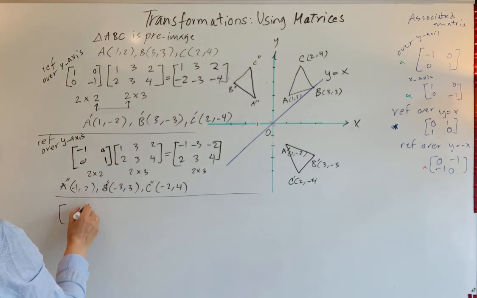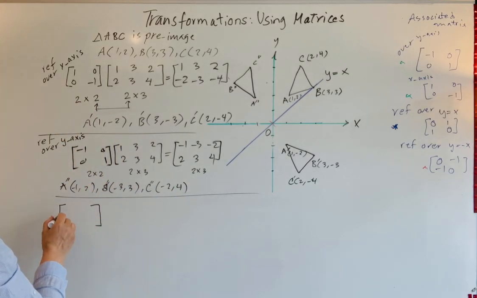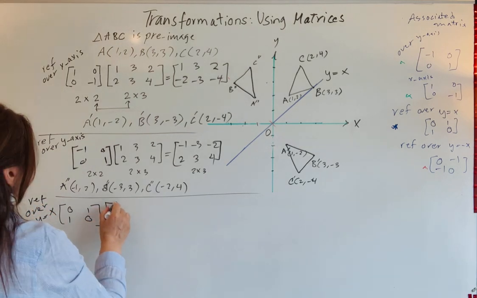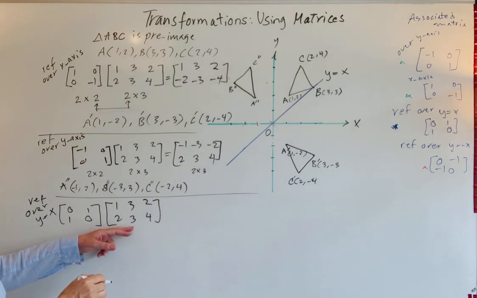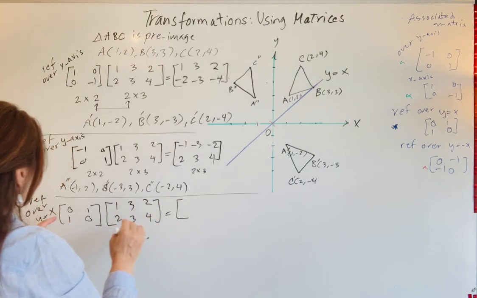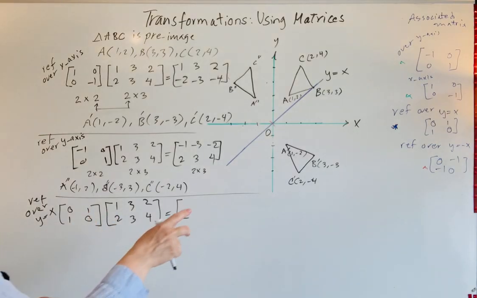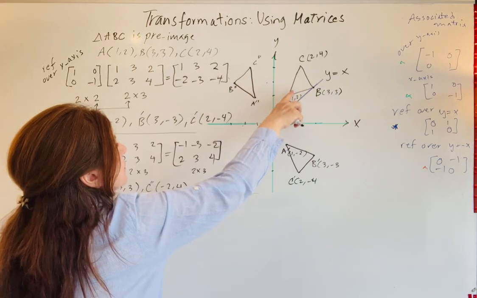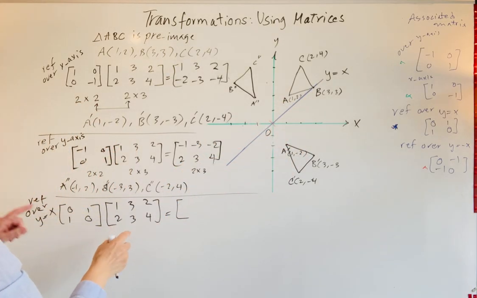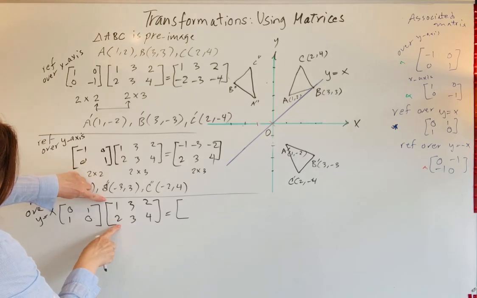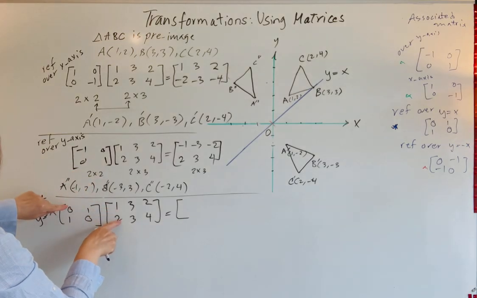What is the matrix? 0, 1, 1, 0. This is the reflection over y equals x. If you want to reflect over this, x and y exchange.